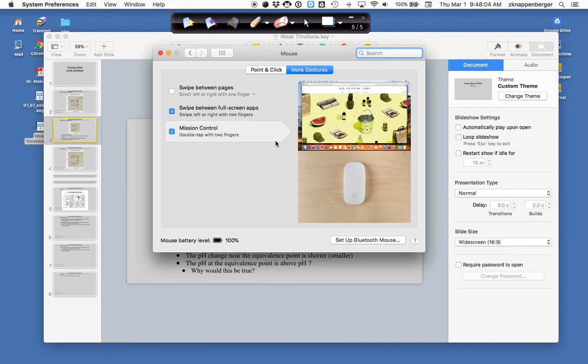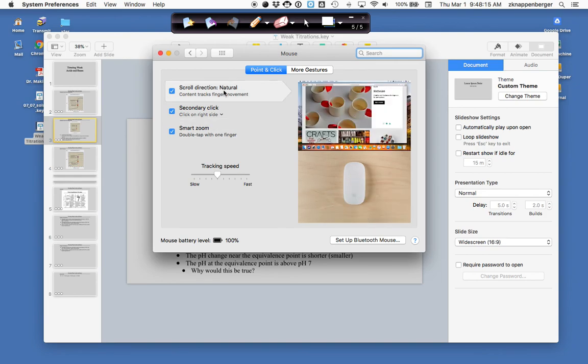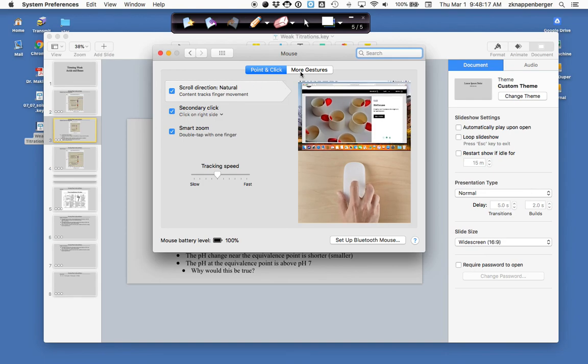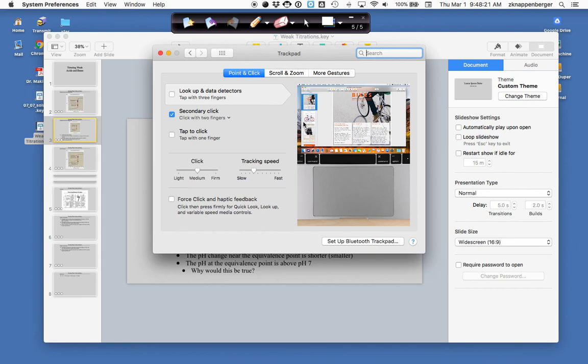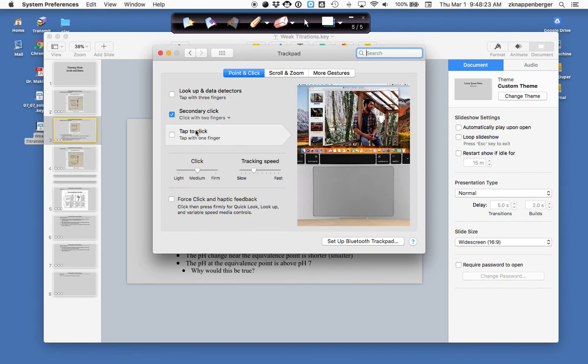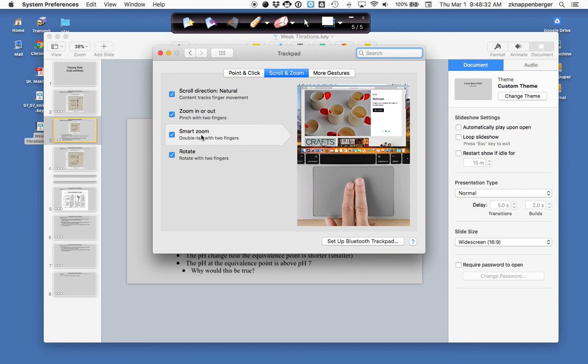More gestures. Do you guys know how to make zooming work on one of these things? Yeah, but double tap just zooms you in. I wonder if it's under trackpad. Oh, here. Scrolling, pinch in and out, smart zoom. But this isn't relative to my mouse.